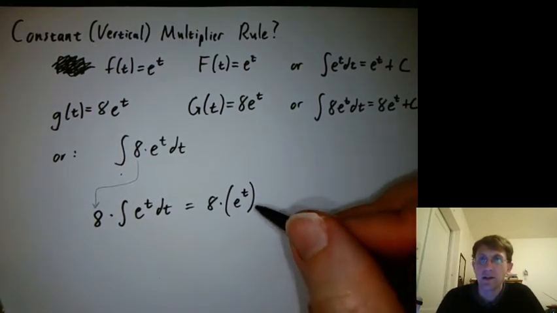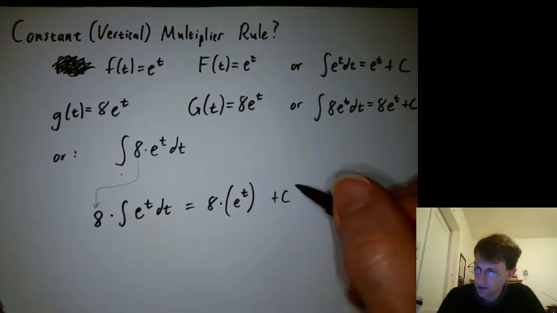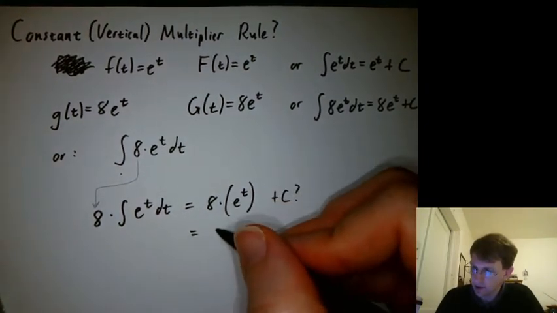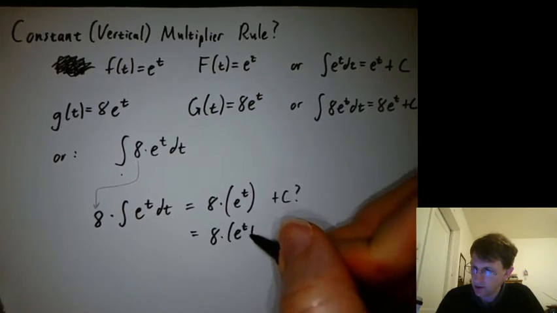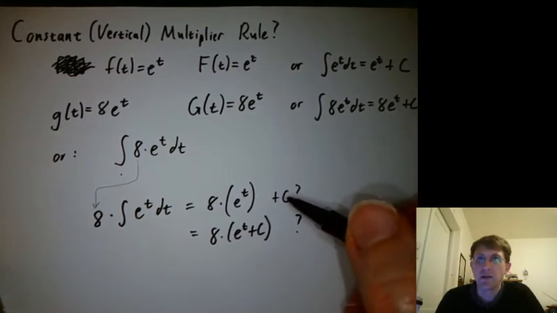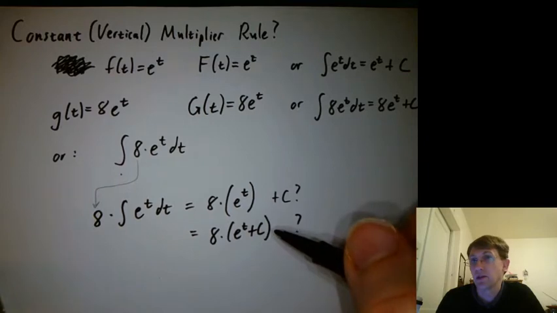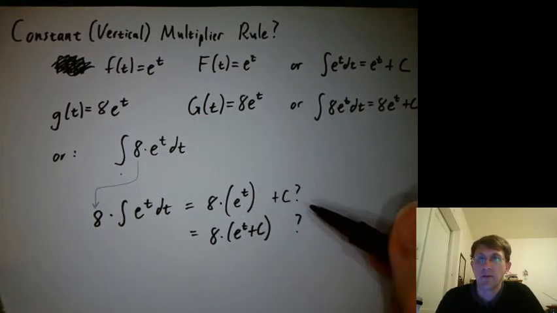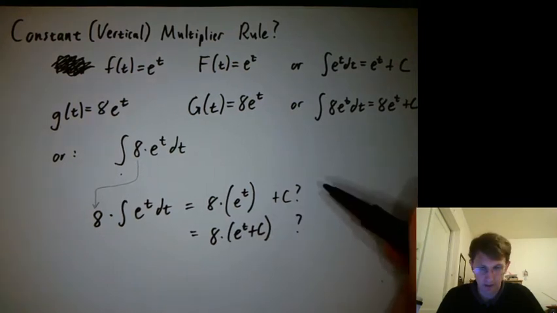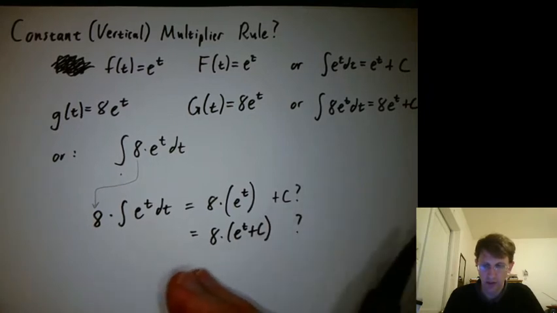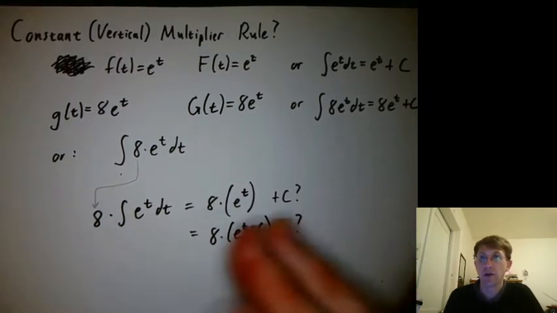And then it's a little shady, or a little ambiguous. Do I put the plus c out here, or do I say 8 e to the t plus c like that? And it turns out it doesn't really matter most of the time. If c is some constant I don't know, then 8 times c is also some constant we don't know. So we would usually write it like this, but it's also okay to write it like that. So we can summarize by saying you can move a constant multiplier or divider into or out of an integral.